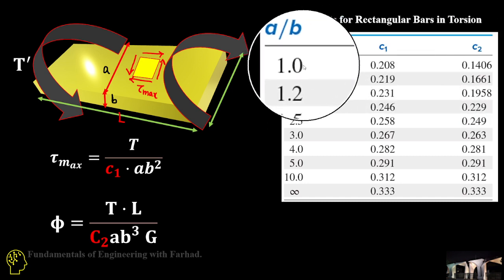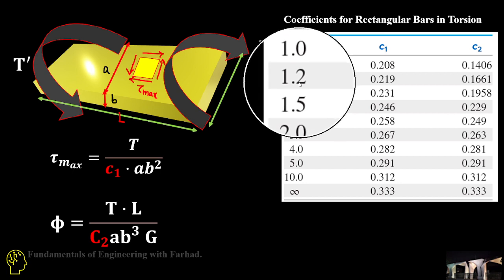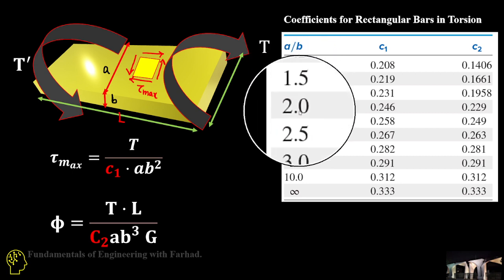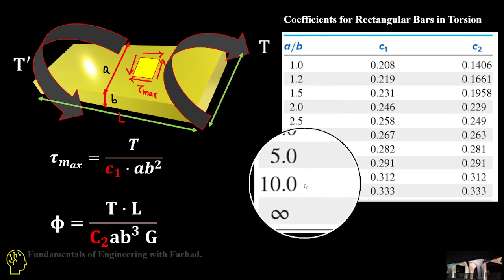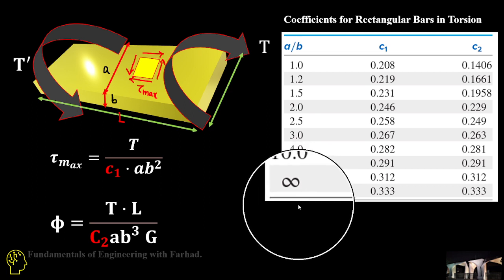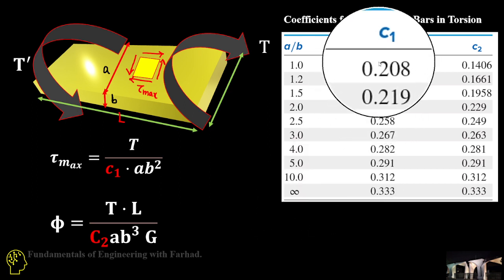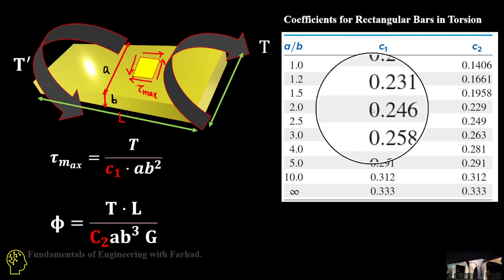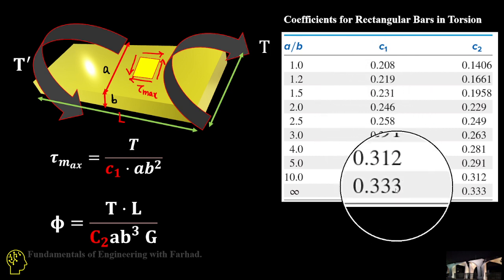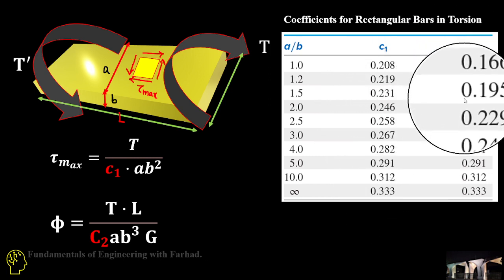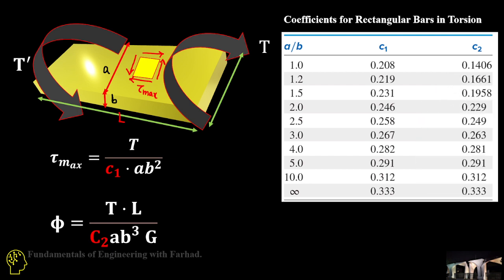As you move toward a thinner plate, you can easily see C1 is increasing, all the way to a very, very thin plate, like infinity. If you look at the pattern of C1 and C2, they increase as your plate goes thinner and thinner. So we replace these coefficients in our equation.